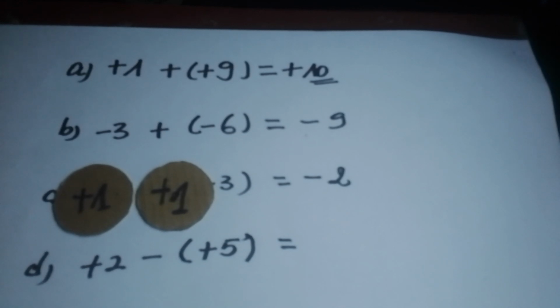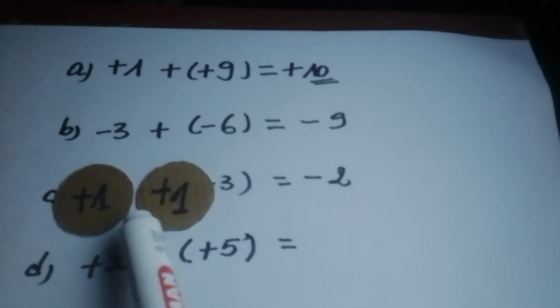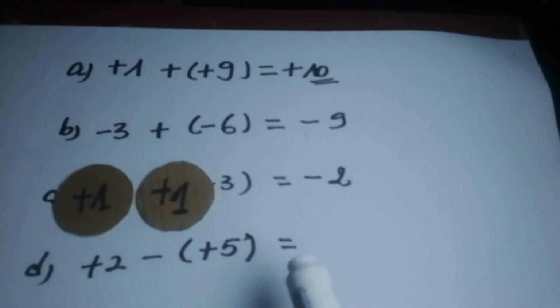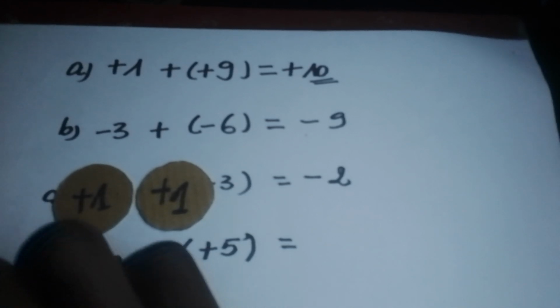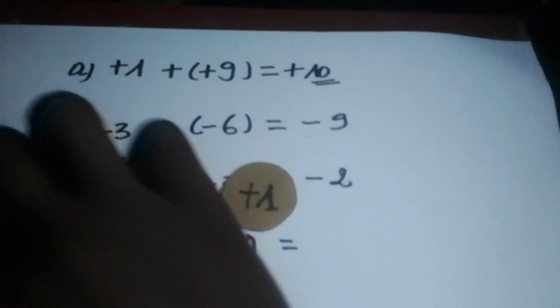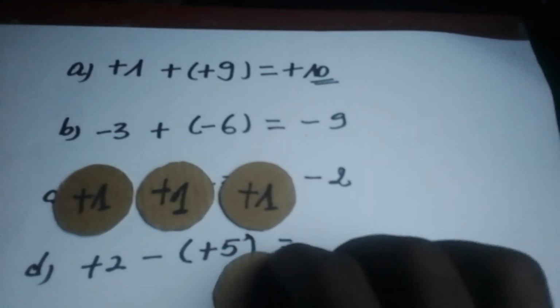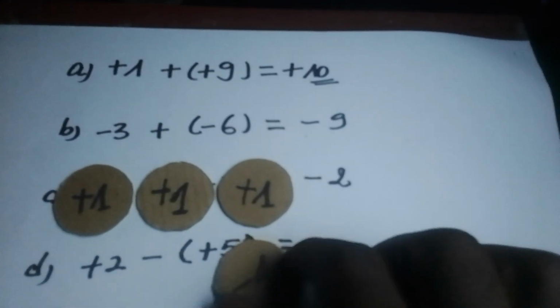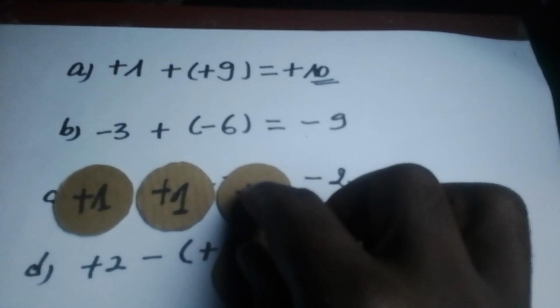Now, it is somehow complicated. How can I remove 5 positive counters from only 2 positive counters? My dear friends, to do this, I have to use 0 pairs. How? If I put a positive counter and a negative counter at the same time, these 2 are forming 0.